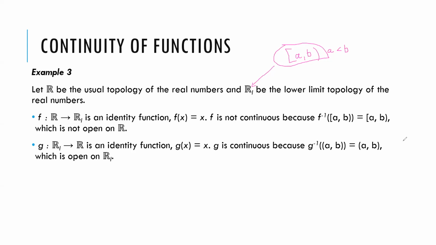It would be an open set on RL. I don't have in my notes why this would be so, so maybe someone can help me explain why (a, b) would be open on RL.